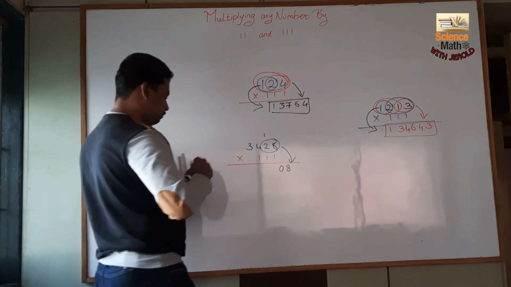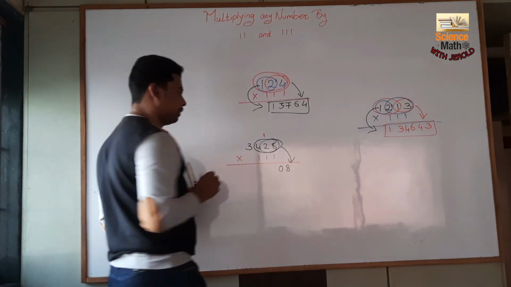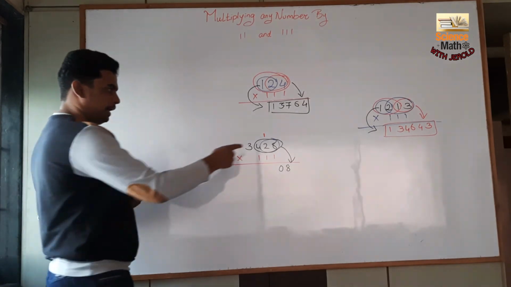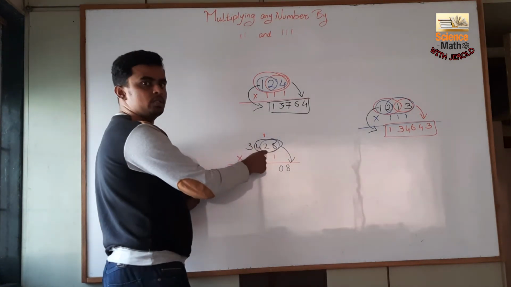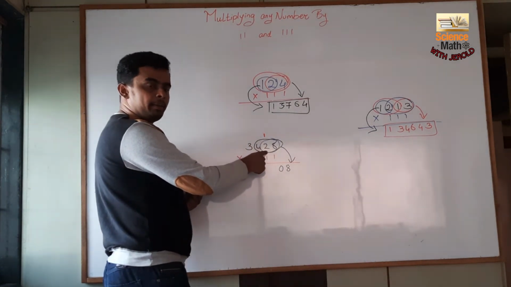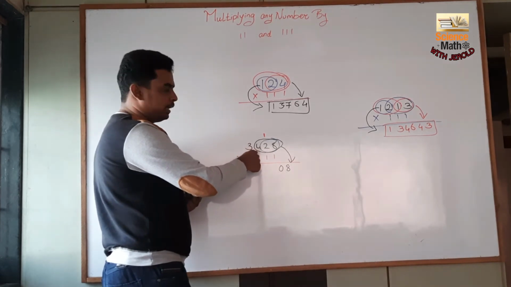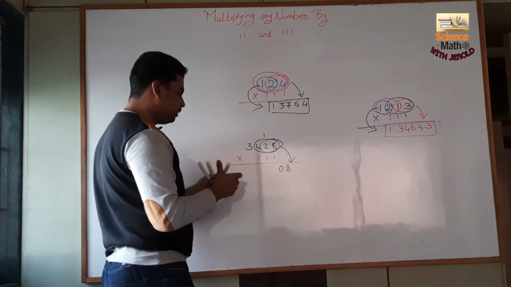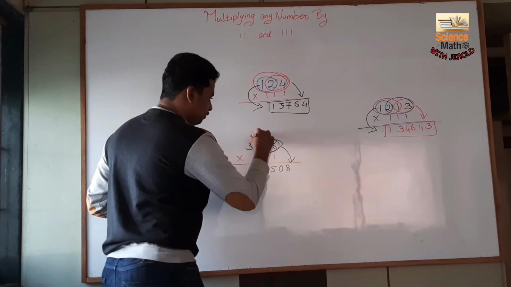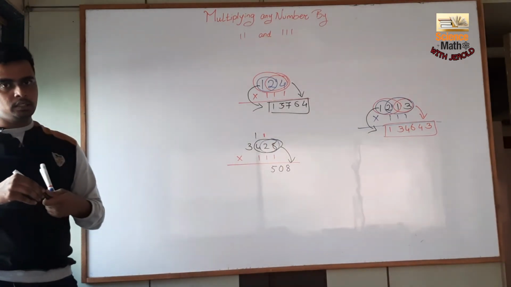Now we have to add these three numbers. So adding 8 plus 2 is 10, plus 4 is 14, and plus this carried 1 will give me 15. Right?